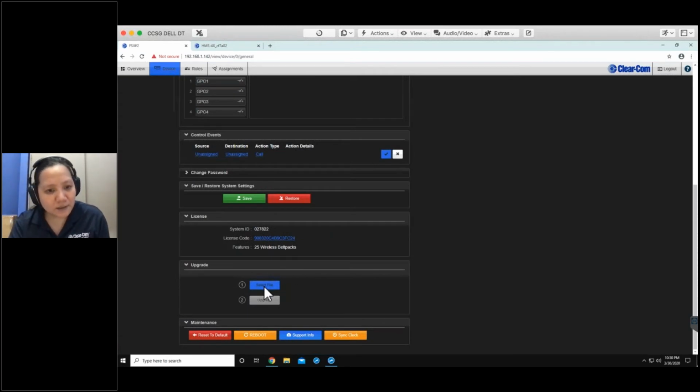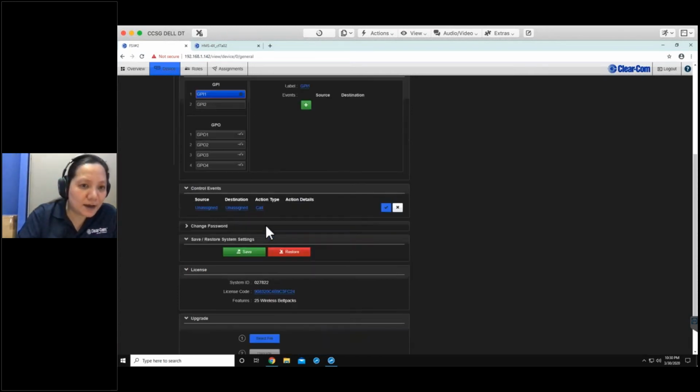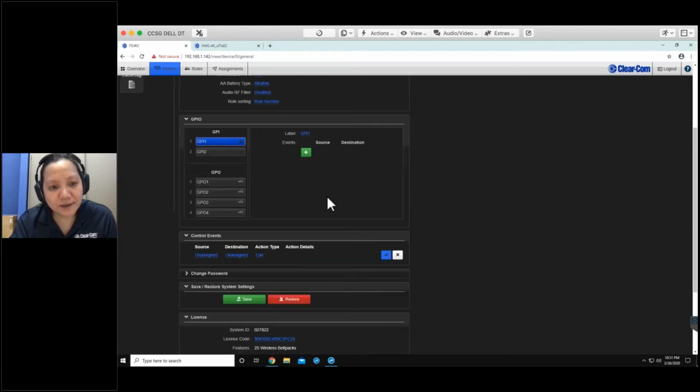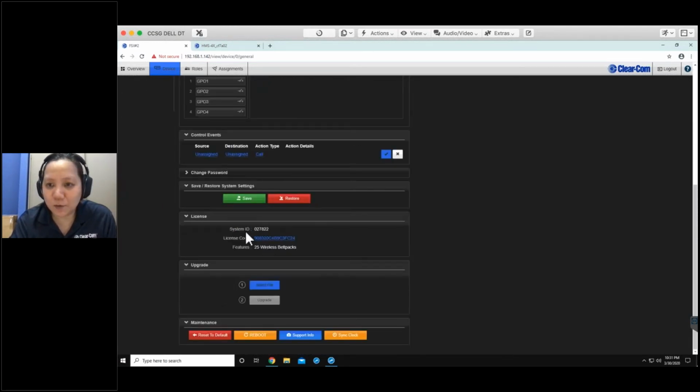Okay. By the way, here, if you change, 1 second, Sook-Fung, if you change the system ID, you're going to have to re-register your belt packs again. Okay, this is here the system ID, which is different. This is the frequency ID, which is different from here, which is the hardware ID.